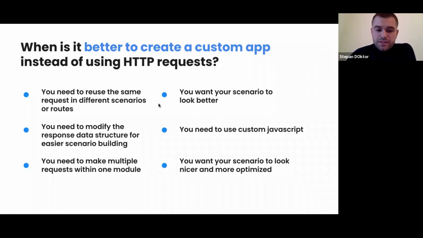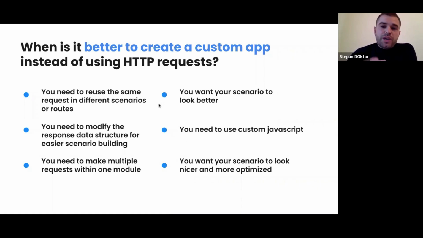And one more interesting thing that a custom application gives you is the ability to make multiple requests within one module. Let's say you have an application where you need to log in first and then make the request itself. That's a really common use case. In most cases, you add two HTTP request modules, and so on, but that doesn't always work correctly.